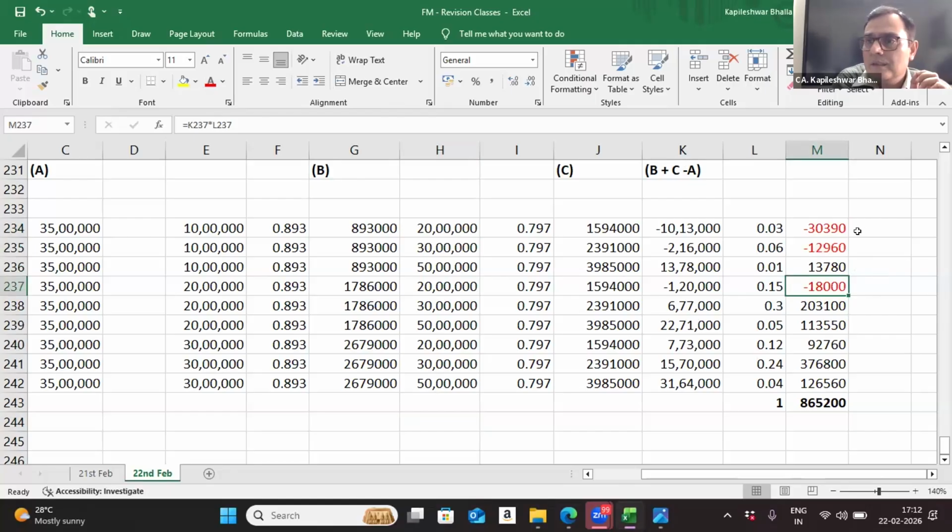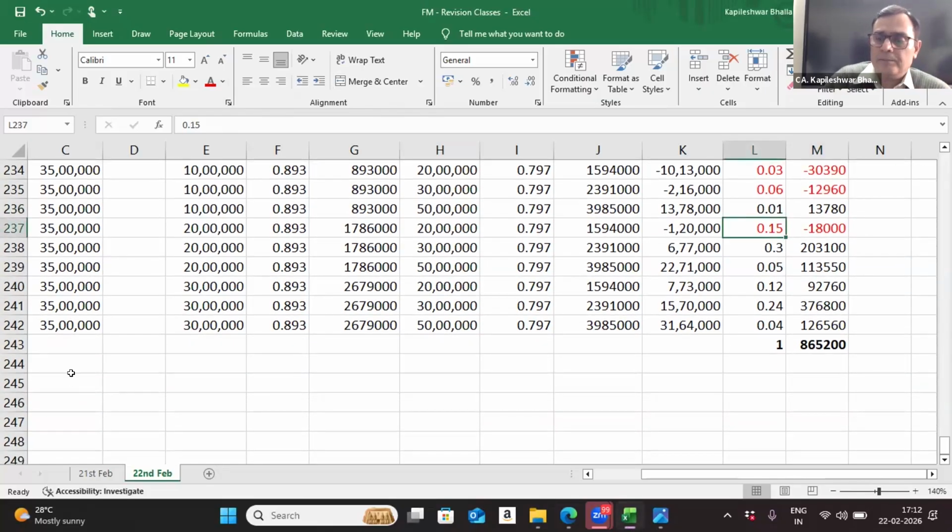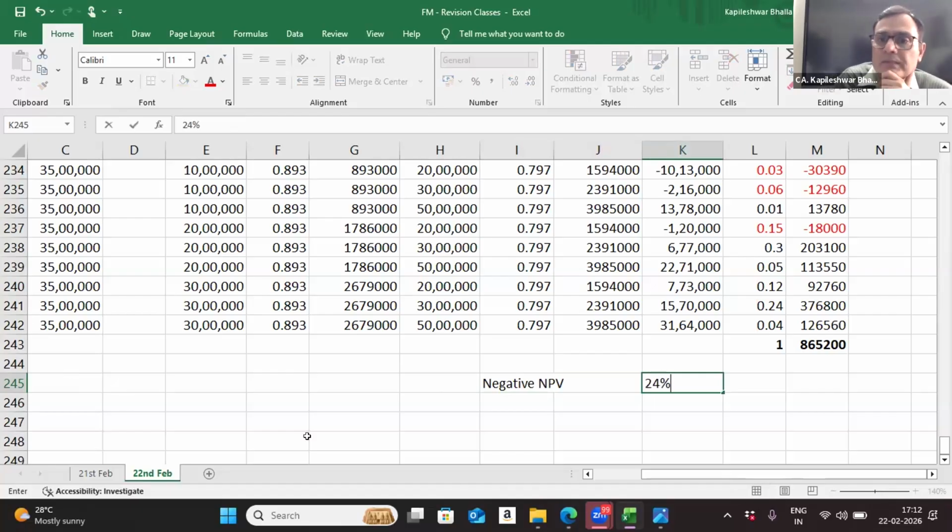That's 3. So add the joint probabilities of these 3. If we add the joint probability, it comes to, yes, 24%. So for a negative NPV, the probability is 24%.